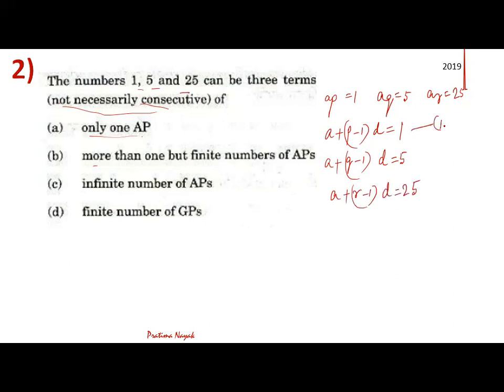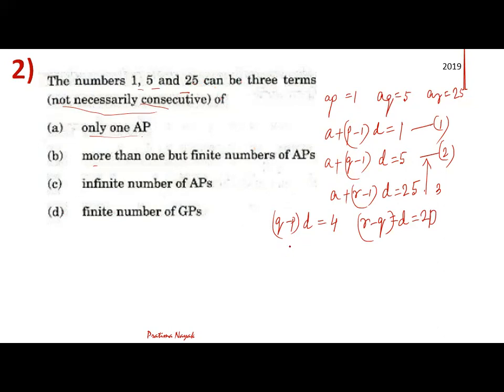Now I'll subtract equation 1 from 2. So I'm getting (q minus p) D is equal to 4. Then I'm subtracting 2 from 3. Here I'll get (r minus q) D is equal to 20.